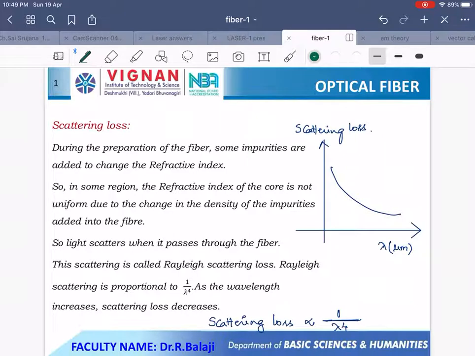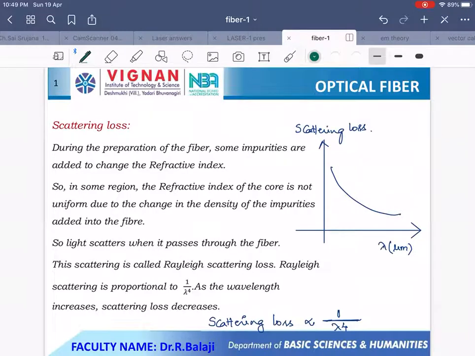So to maintain the proper refractive index, you are adding some impurities. In some places the impurity concentration is more, in some places it is less. So the refractive index of the core is not uniform throughout the optical fiber.